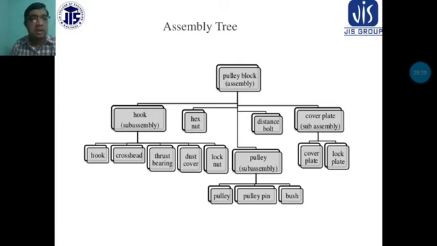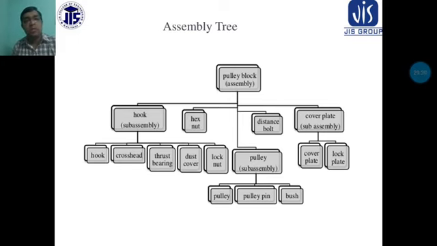The pulley block assembly also has the pulley sub assembly and the hook sub assembly. The hook assembly contains the hook, cross head, thrust bearings, dust cover, and also the lock nut. The pulley sub assembly consists of the pulley pin and also the bush, like the assembly of a tree.